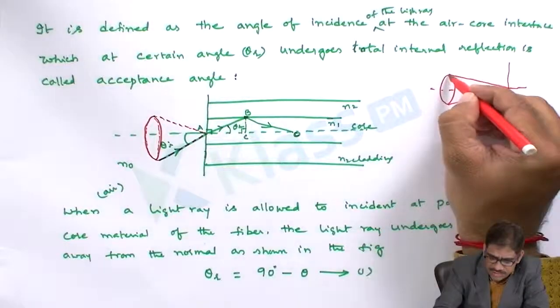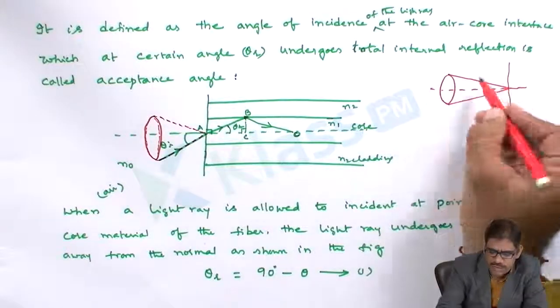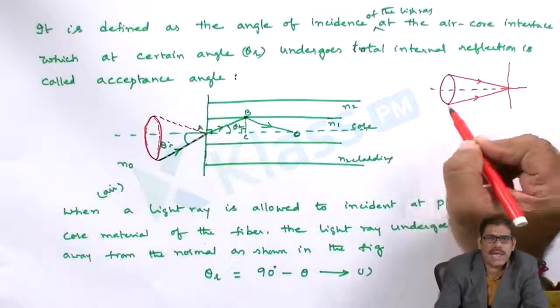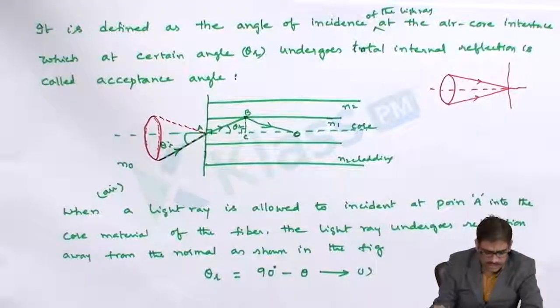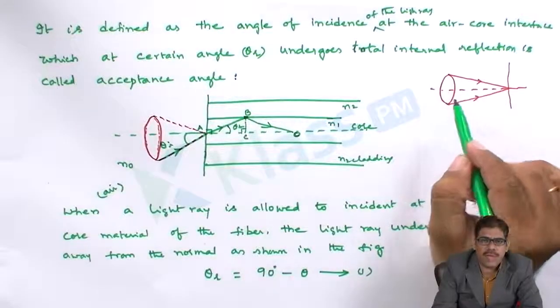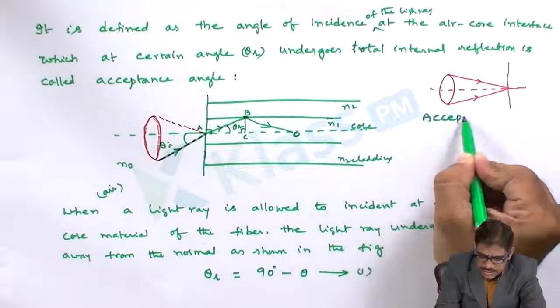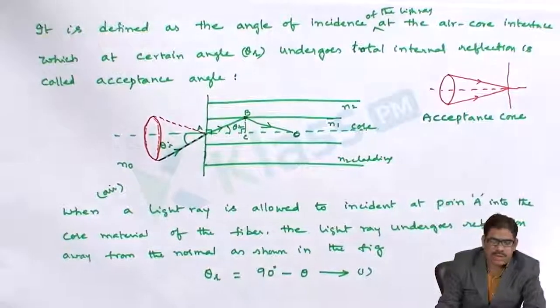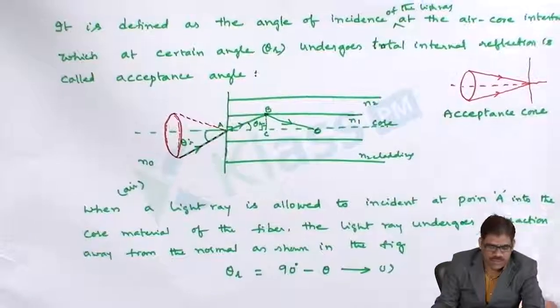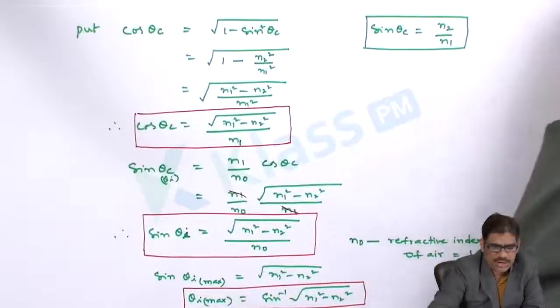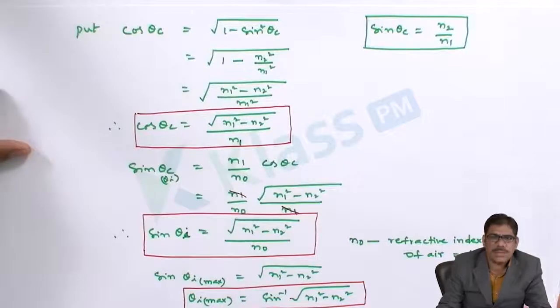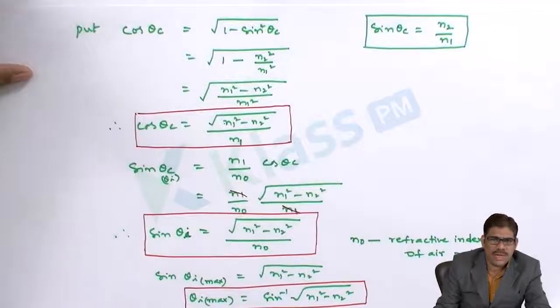As it resembles a cone, we call it an acceptance cone. Now in this case, we are quoting it in terms of the acceptance cone. So this is called the acceptance cone. Indeed, we can refer to this point in our explanation as the maximum acceptance angle or acceptance cone.